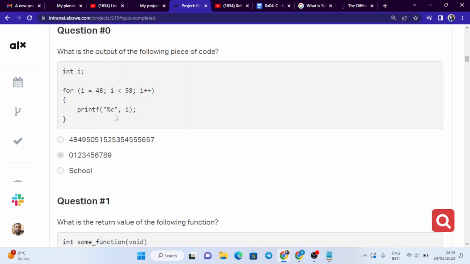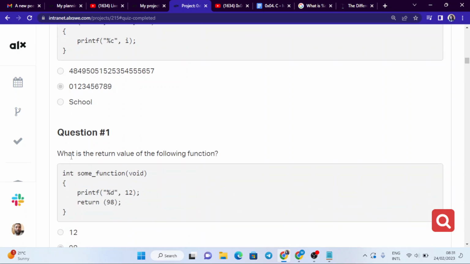So printf percent c, making one starting from the number 48, starting from 0, then 1, 2, 3, 4, 5, 6, 7, 8, 9, which is 10 values including 0, the first one, which is this one.